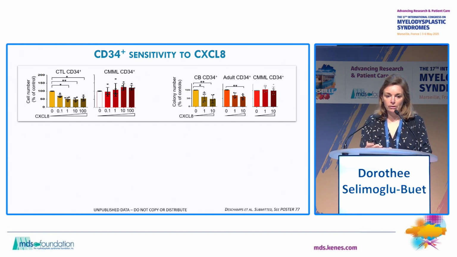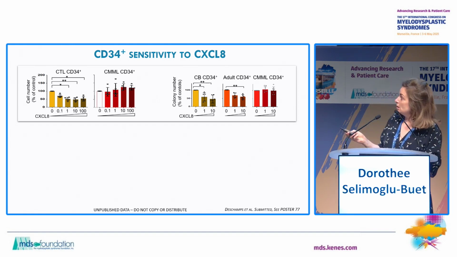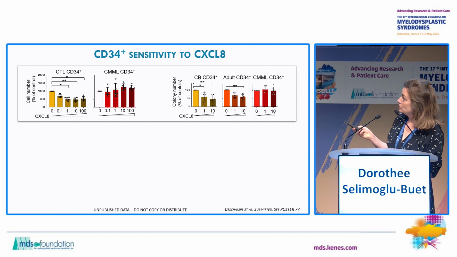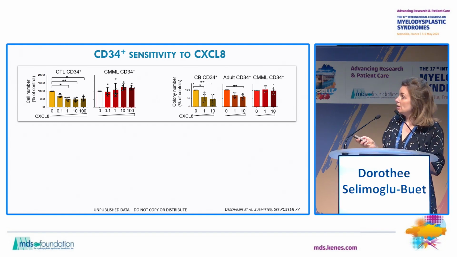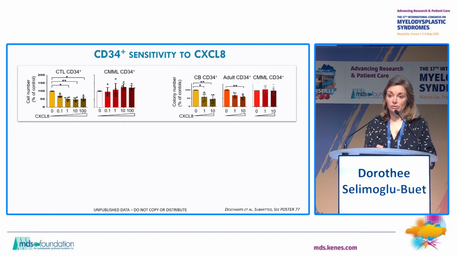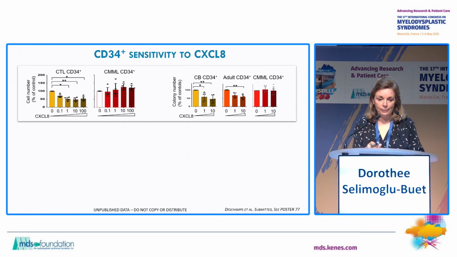For that, we realized some in vitro proliferation assays in liquid culture or semi-solid culture with different doses of CXCL8. We observed that in CD34 positive cells from healthy donors, wild-type cells, there is a decrease of proliferation in the presence of CXCL8, which is not the case for the CMML CD34 positive cells.